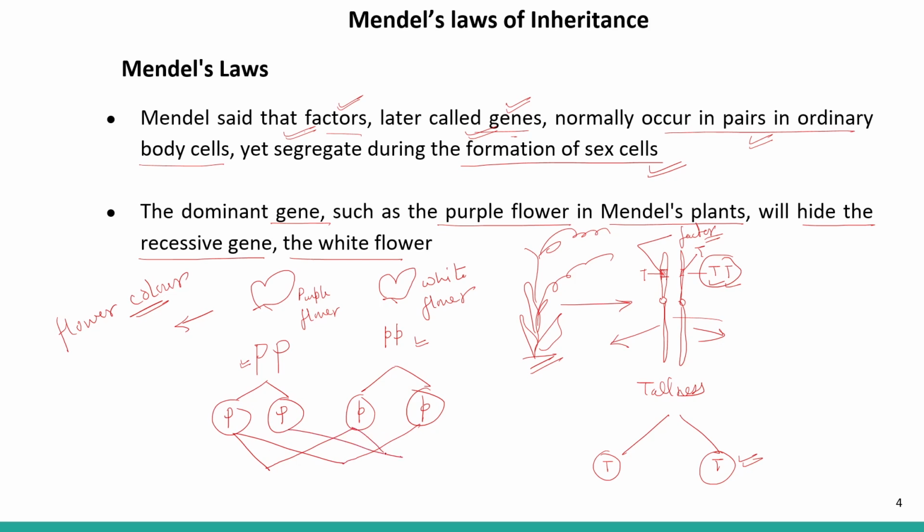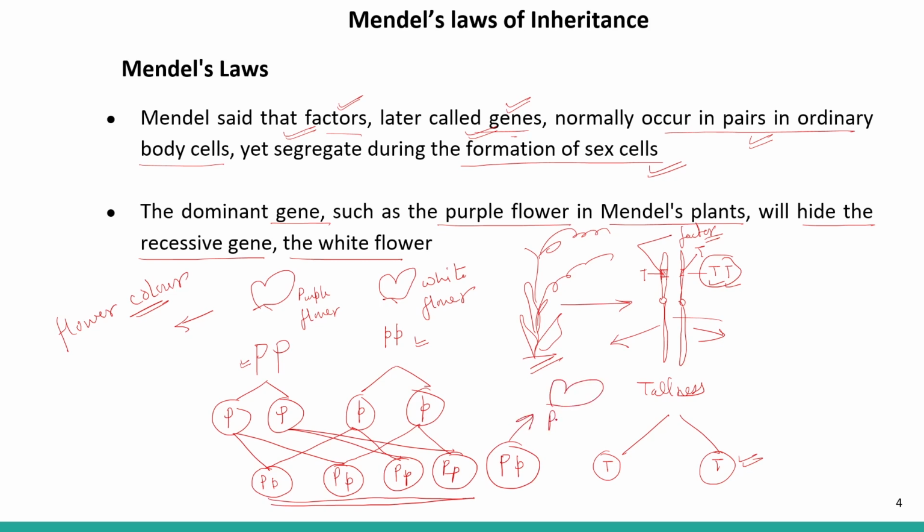So here we can have four combinations. So this will have capital P, small p, capital P, small p, capital P, small p, and again capital P and small p. So all the types of offspring are capital P and small p. But the flower appears as purple.